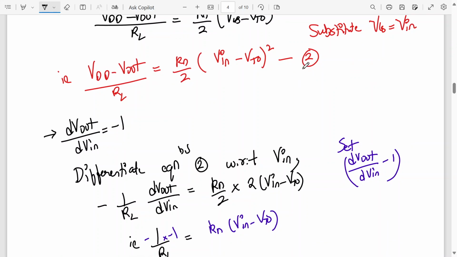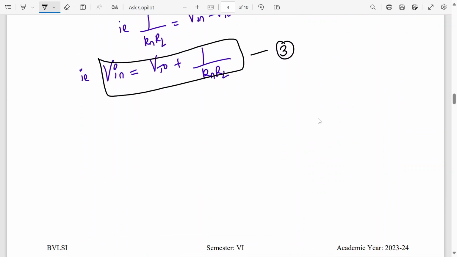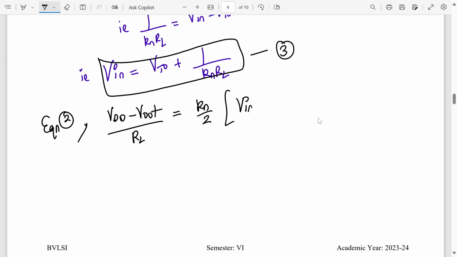So let me write equation number 2 again. It's (VDD minus V out) upon RL is equal to Kn by 2 times (V in minus VTO) the whole square. Yes or no? This is the equation we got.